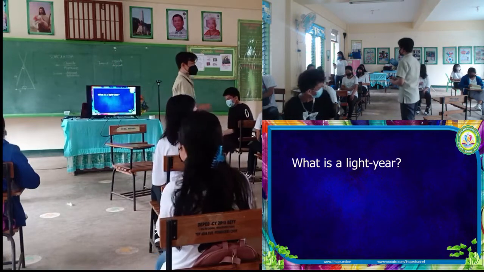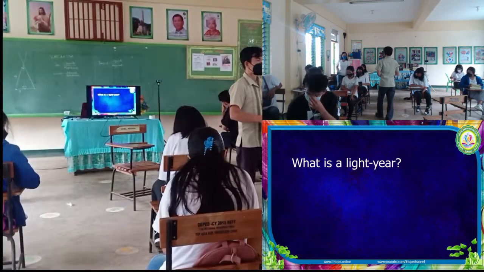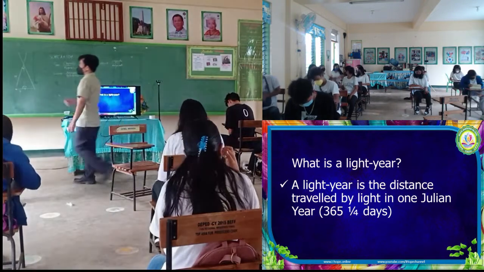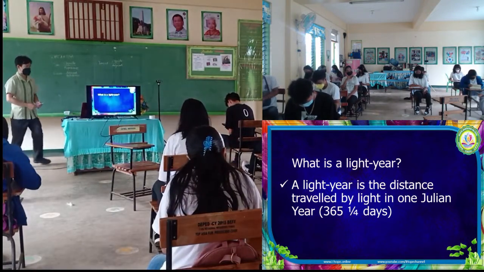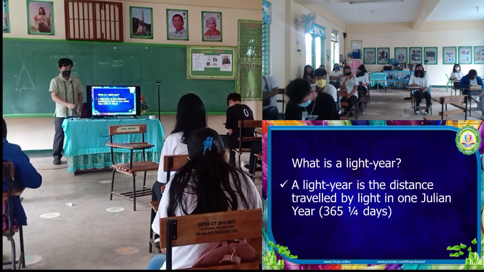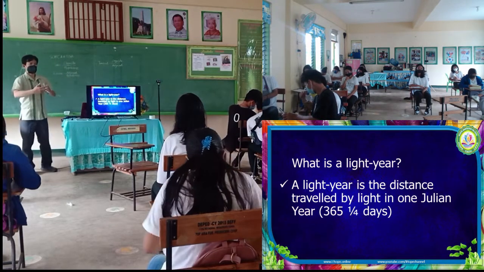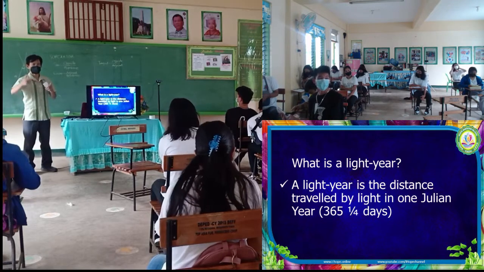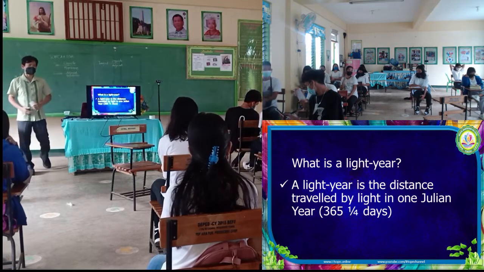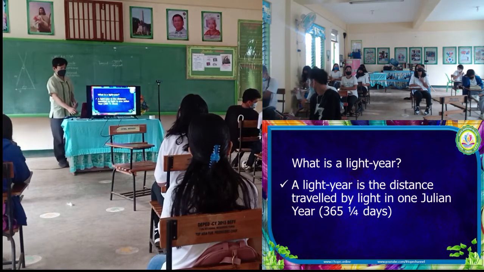A light year is the distance traveled by light in 1 calendar year, which is 365 and 1/4 days. So it is the distance traveled at the speed of light over that time, used to express great distances, so they made another unit we call the light year.